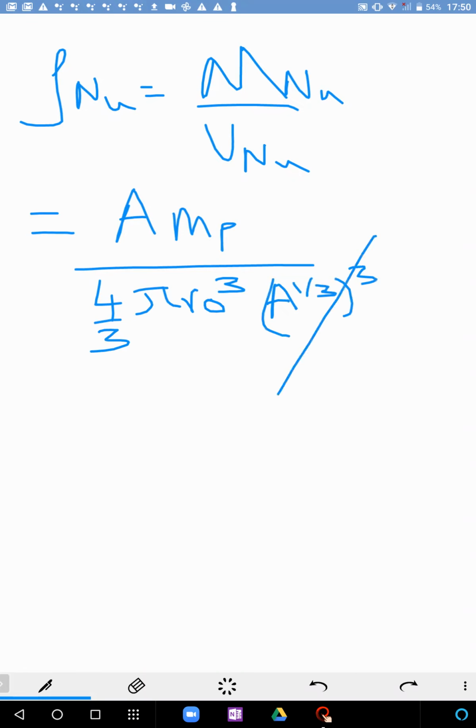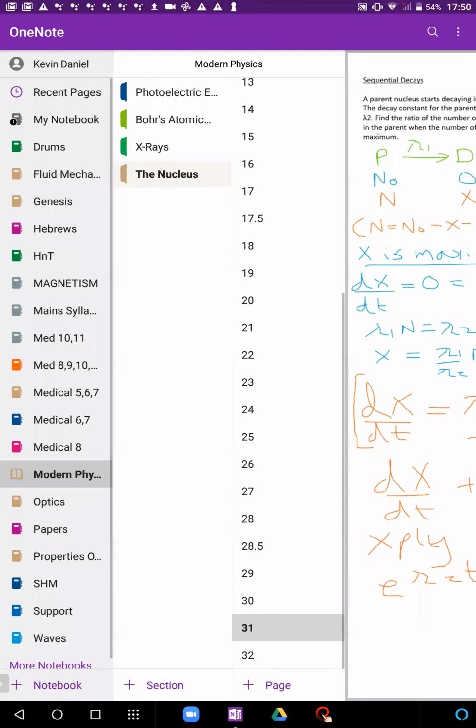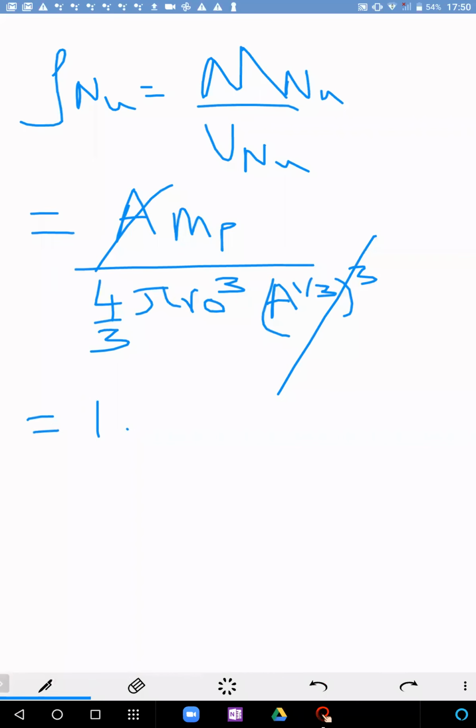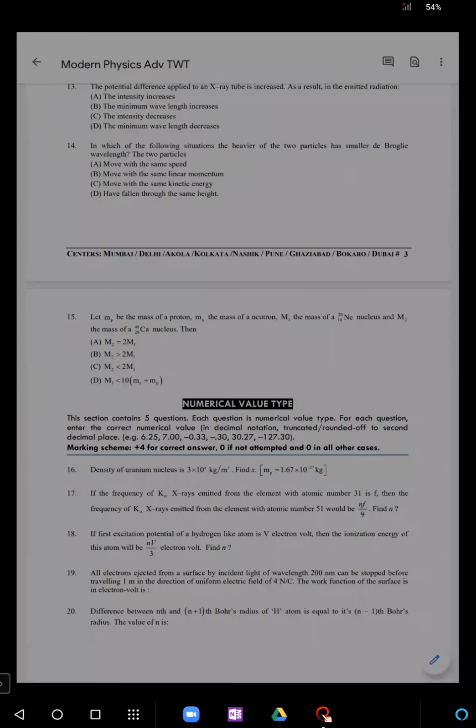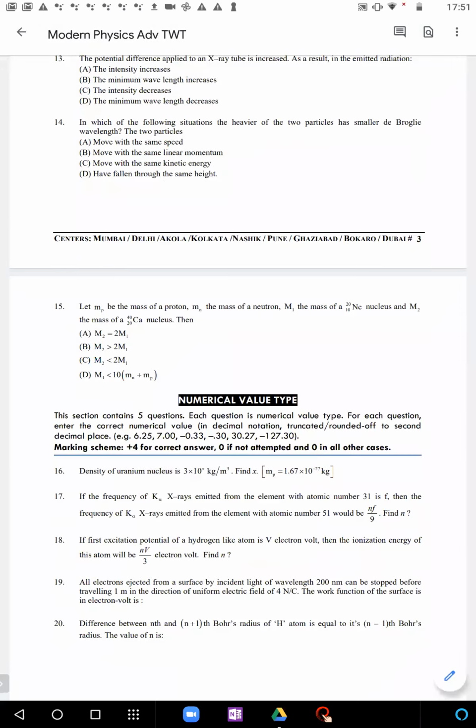So that's how we know that this A term cancels out. Okay, so basically, itna karna hai, mass of a proton by 4/3 pi r naught cube. Mass of a proton is 1.67. 1.67 is technically 5/3, right? 5/3 into 10 to the power minus 27.